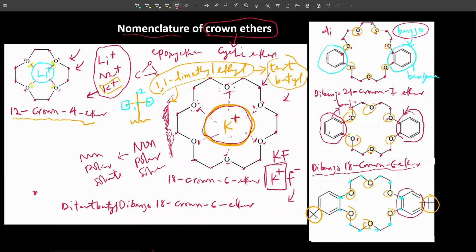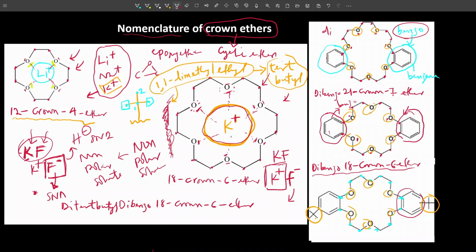So it will give F minus the ability to undergo nucleophilic substitution in an SN2 mechanism. A crown ether can react with potassium fluoride, taking away the K plus, leaving F minus to be able to undergo SN2 reactions. Don't forget that F minus here is a nucleophile.